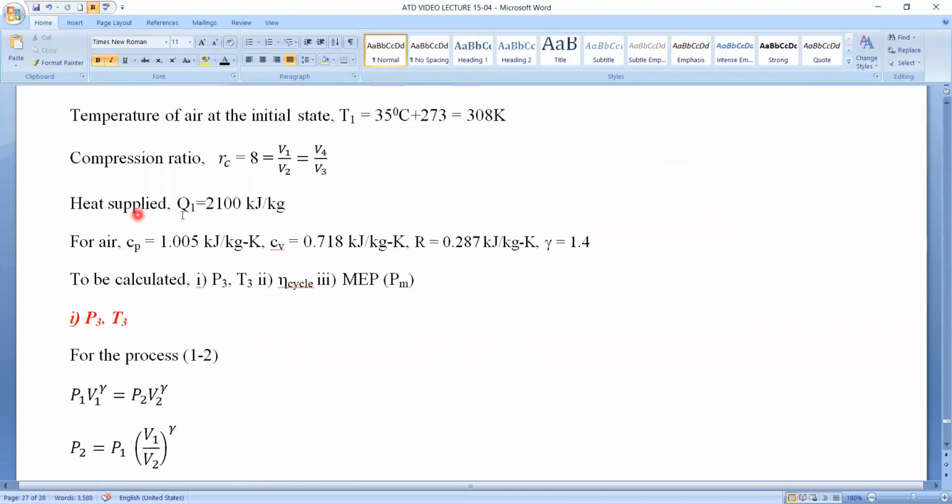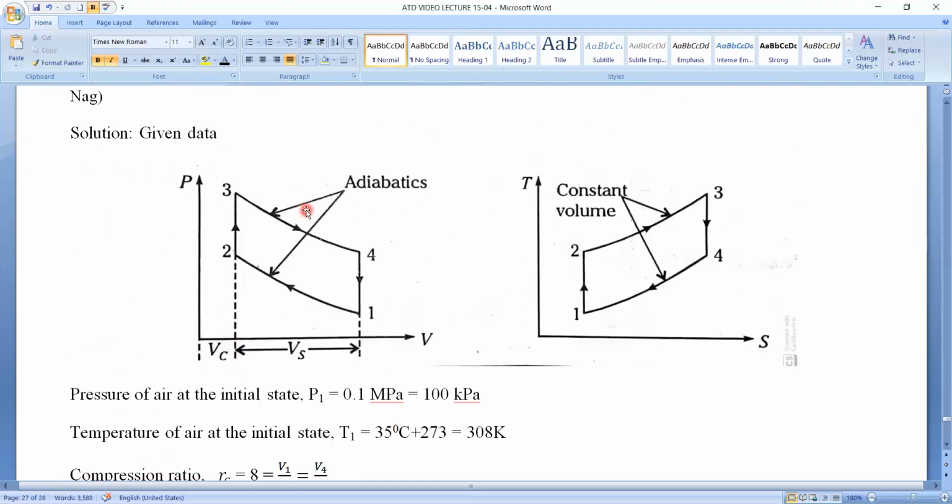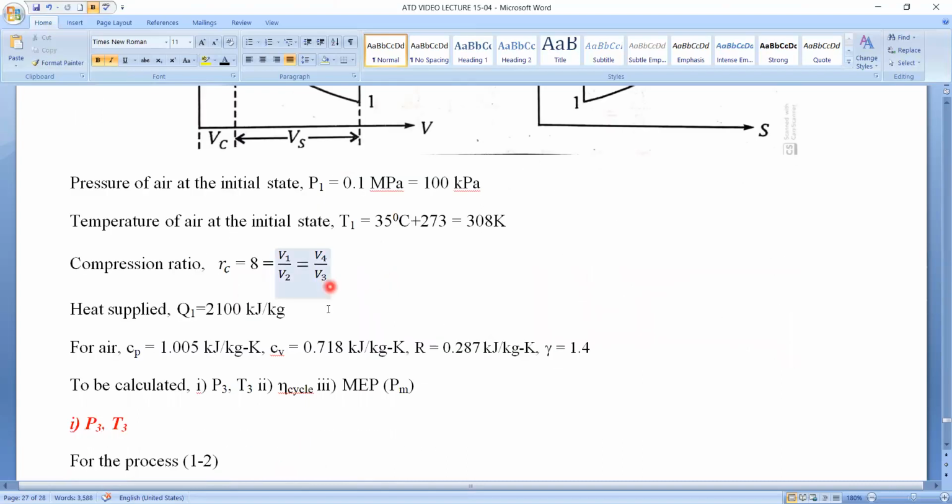Now the heat supplied Q1 equals 2100 kilojoules per kg. During the Otto cycle, the heat addition takes place at constant volume, so 2 to 3 is associated with the constant volume heat addition, and 4 to 1 is associated with the heat rejection, that is Q2. Okay, I hope this is clear.